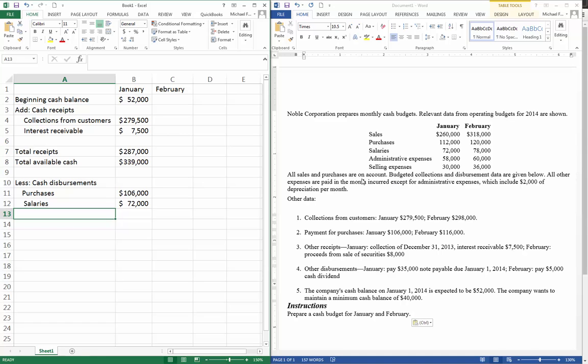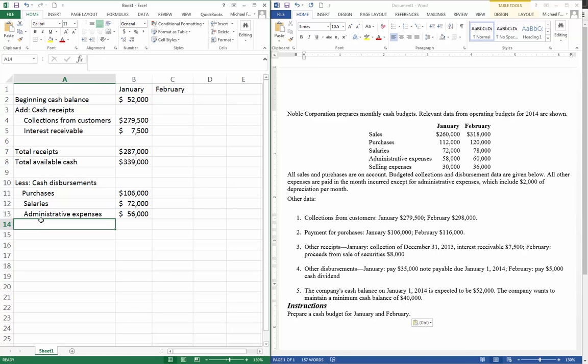And it says with the exception of administrative expenses, which include 2,000 of depreciation per month. So what we're going to do is take that amount of 58,000 and subtract out the $2,000 in depreciation expense, which is a non-cash expense.